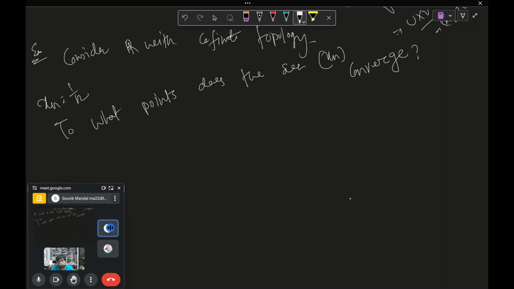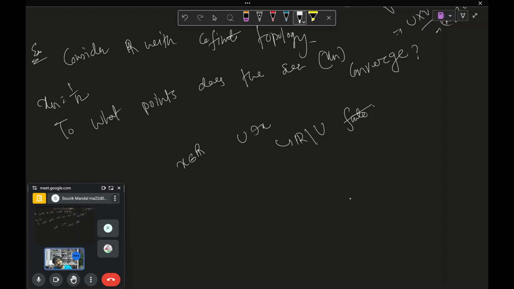First think about all the points. Take any point x in R and take any open set around x. That open set can omit only finitely many points of R. So that obviously omits finitely many points of the sequence also.